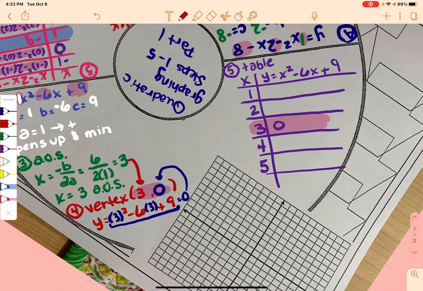Then we're going to go through and start plugging these numbers here in for the x. So I have 1 squared minus 6 times 1 plus 9. Then I'm going to plug in 2. Then I plug in 4. And then I plug in 5. See how I didn't even figure anything out?